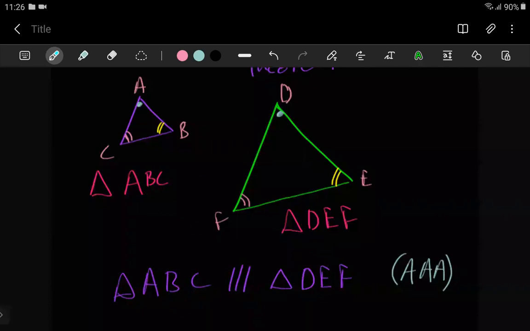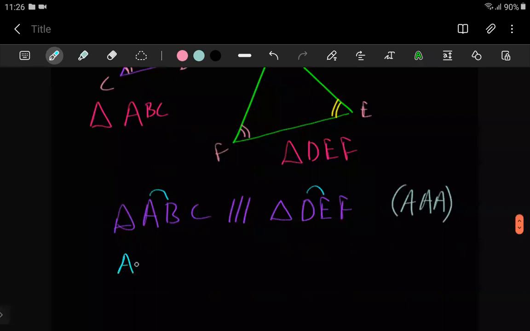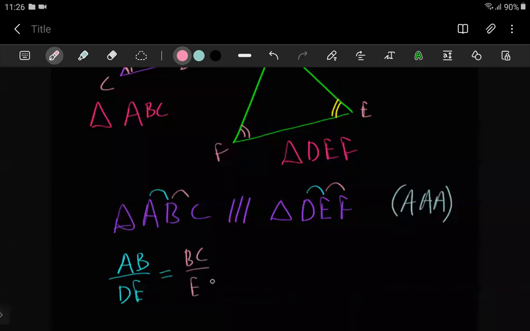Even if you didn't have the picture, you already know that the ratio AB over DE is equal to BC over EF, and it will also be equal to AC over DF.